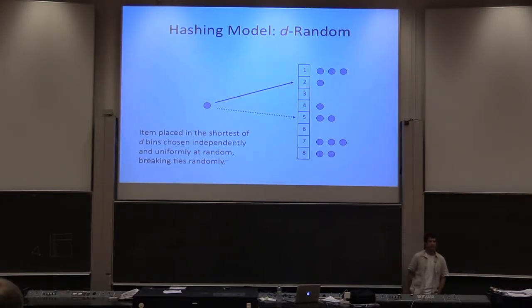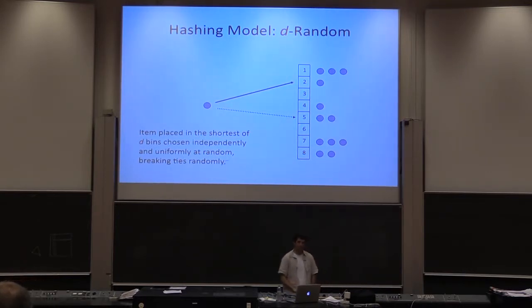So each item is going to have d associated hash functions, and we can think of this as getting d choices uniformly at random. And in order to get a distribution on the load table that's as even as possible, the natural thing you might do is place it into the least loaded, as denoted here by the solid arrow.